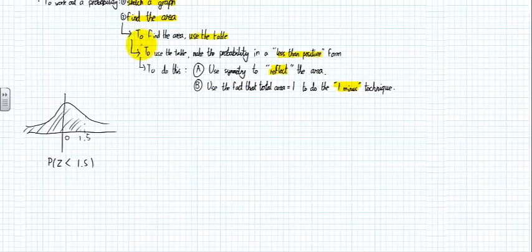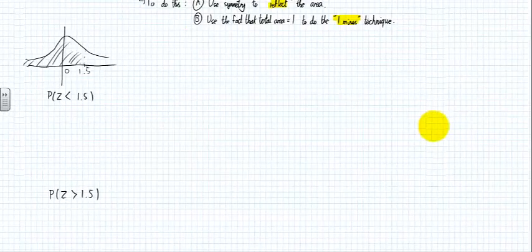Now, to find the area, it says I need to use a table. But there is a condition. To use a table, make the probability in a less than positive form. Now, is this in a less than positive form? Yes. The probability is asking for a value less than a positive number, 1.5.